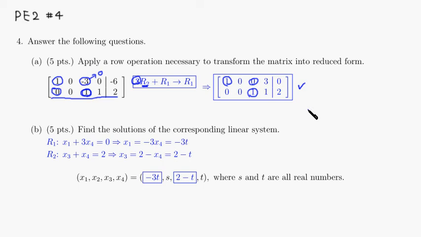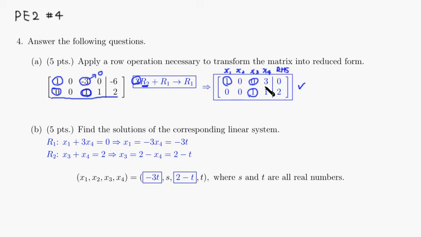Part B: from the final matrix in reduced form, we are trying to find a solution. Let's indicate that in row 1, column 1 represents the coefficient of x1, column 2 is x2, then x3 and x4, and the last column is the right hand side.